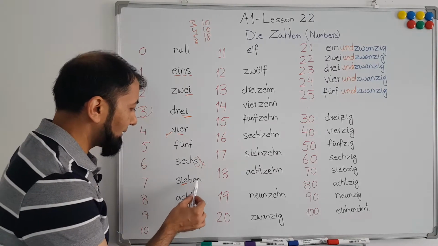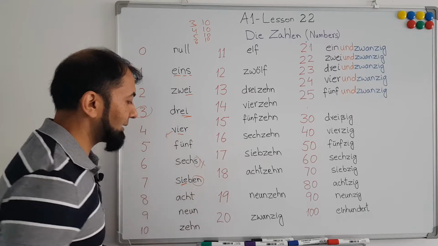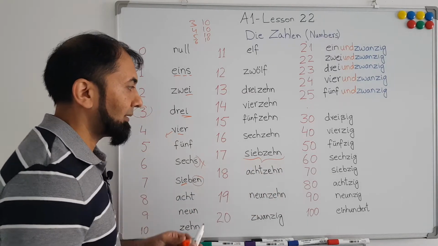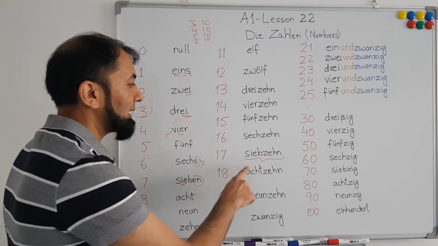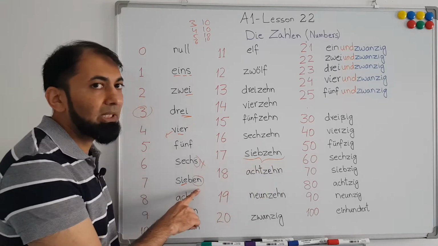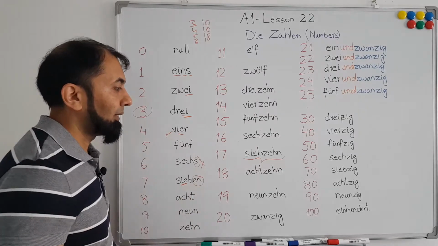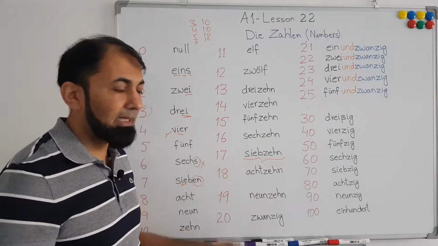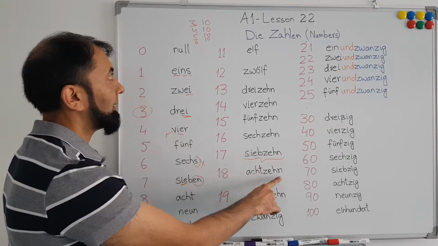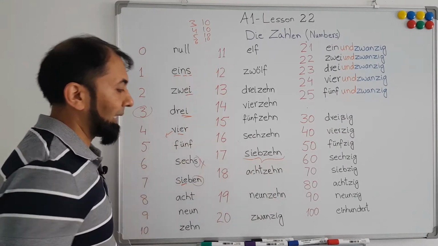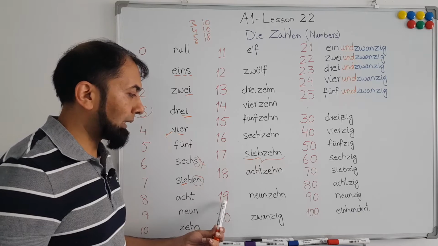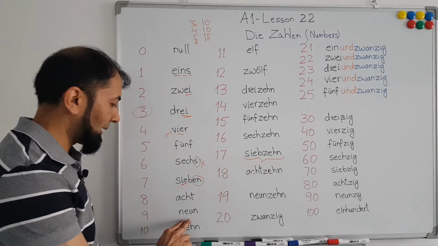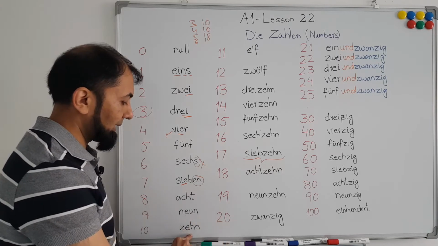You see that 7 is sieben, but if it comes in combination with this 10, then it will be siebzehn, and we have removed the en at the end. Next is 18, achtzehn, 8 and 10, the same pattern. 19, neunzehn. 9 is neun and 10 is zehn.